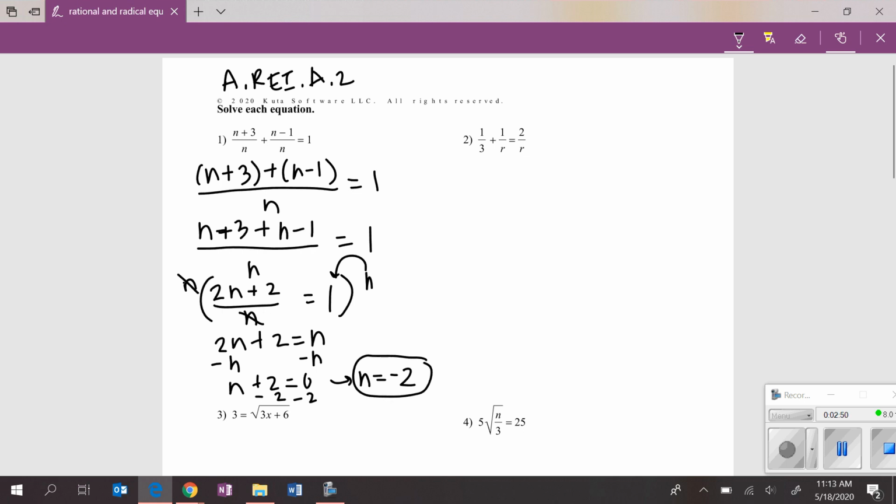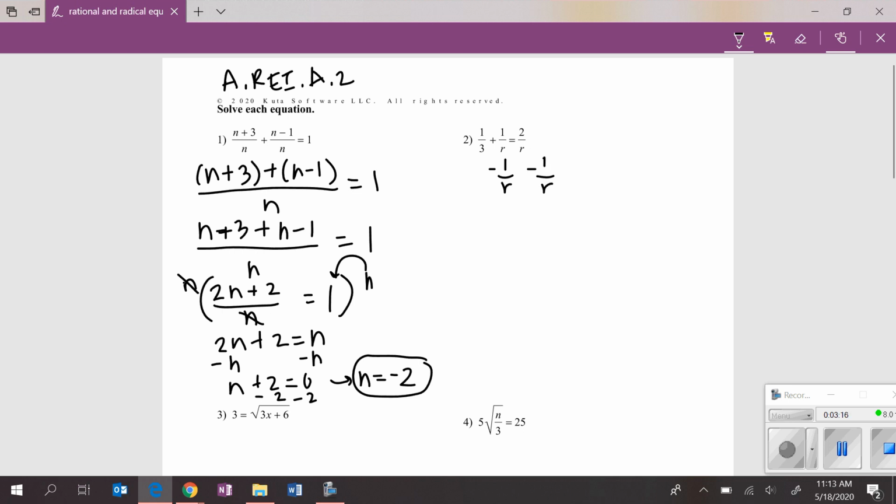All right. The second one, okay, so looking here, I have 1/3 plus 1 over r, and those don't have common denominators, so I can't combine them like I did the first equation. But I have it equaling 2 over r. So what I'm going to do is subtract my 1 over r on both sides.